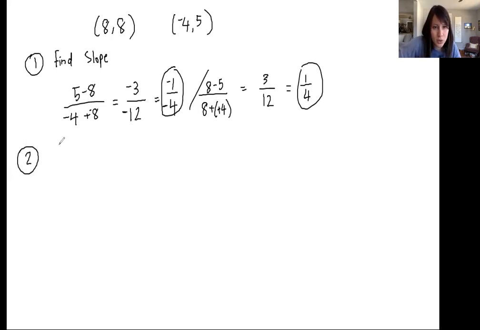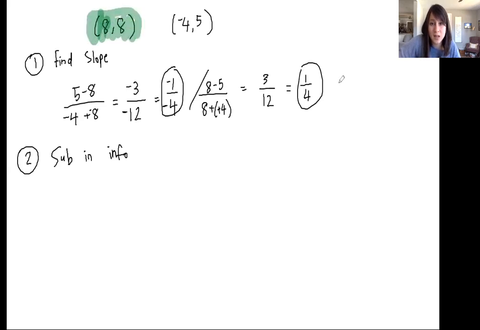Okay, step 2 is sub in your information. Short way of saying sub in your slope and sub in one of these points. I'm going to sub in this point because it's all positive. It's 8, positive 8.